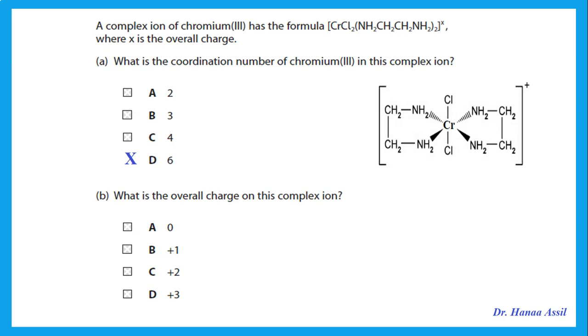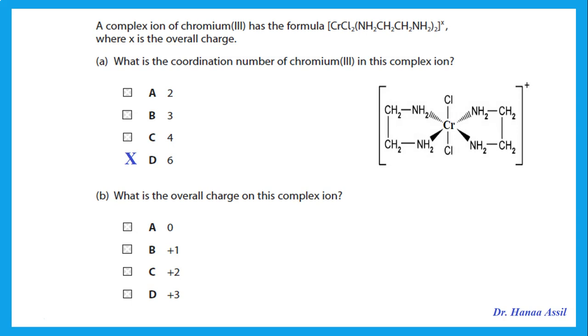What is the overall charge? How do we calculate the overall charge of a complex? Now, he's telling me already that the chromium is chromium 3. So the chromium has 3 positives. Now, it is attached to what? It is attached to 2 chlorides, and you should know that each chloride has 1 negative, so that means we have 2 negatives.